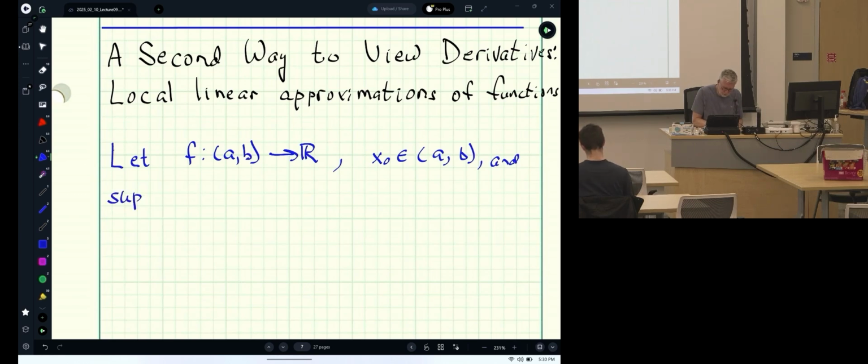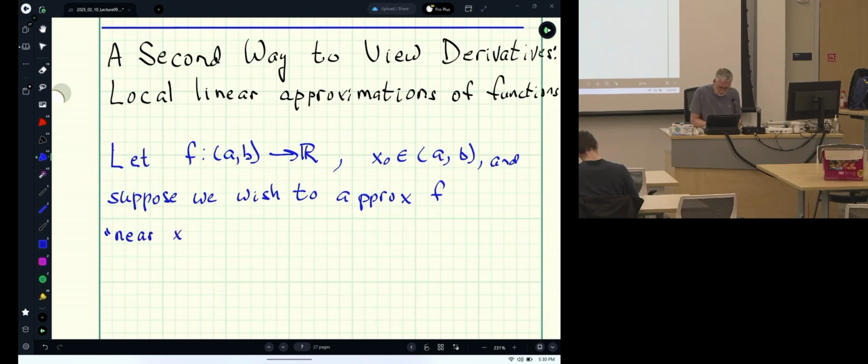And suppose we wish to approximate f near x0. So near will mean that in the limit, as we get closer and closer to x0, this approximation will get better and better.